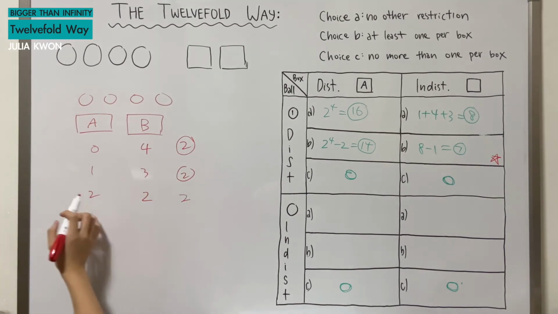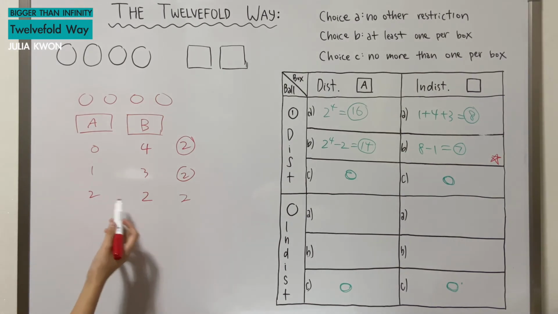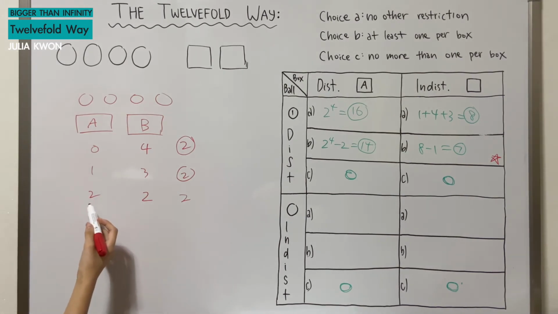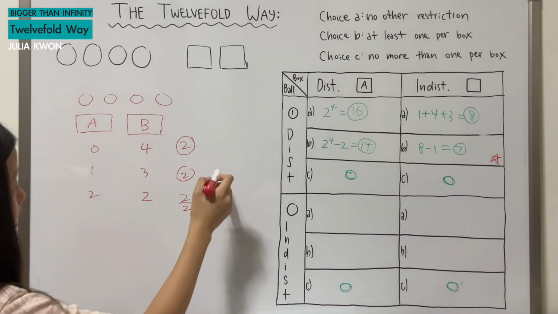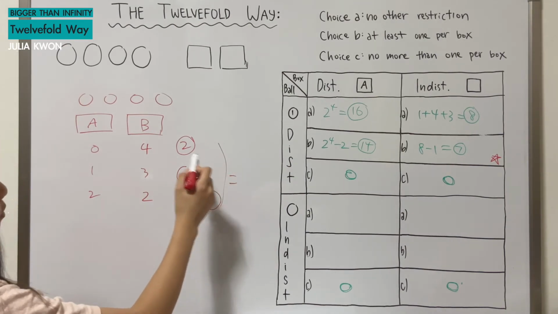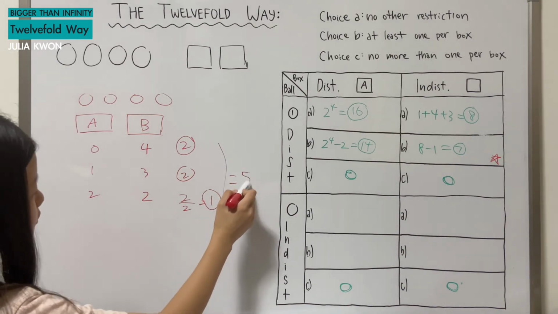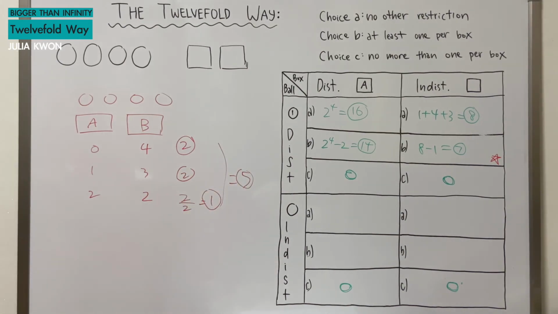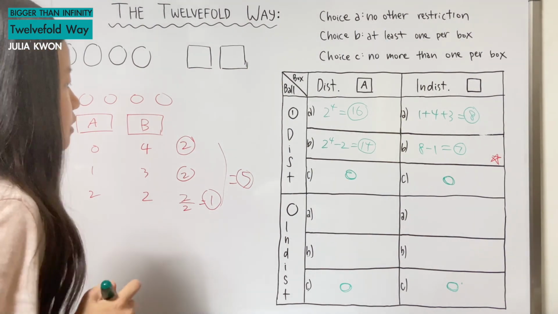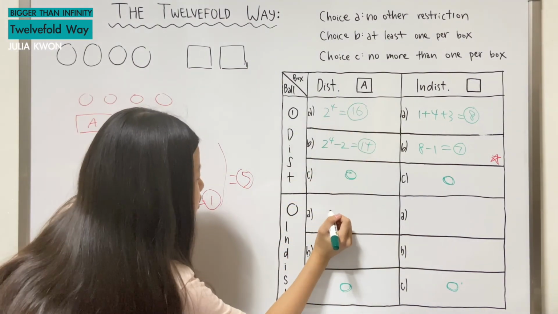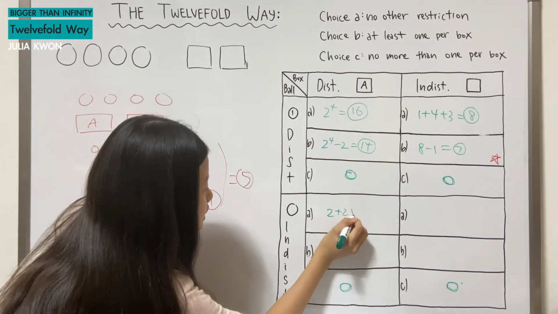But here again, there are the same number of balls in each box, so we have to divide by 2 again. And that would make up 2 plus 2 plus 1, which is 5. And so that would be the answer for choice A.